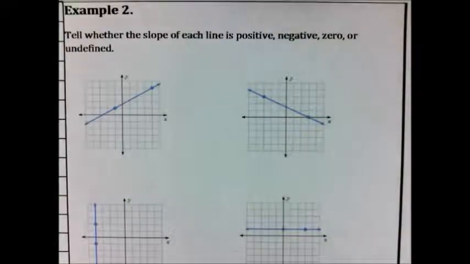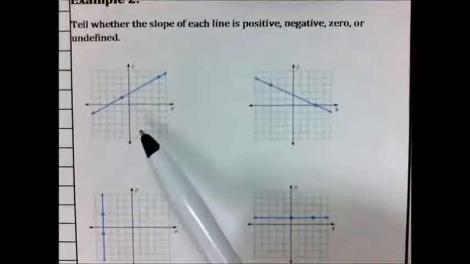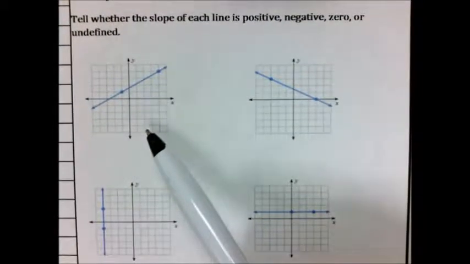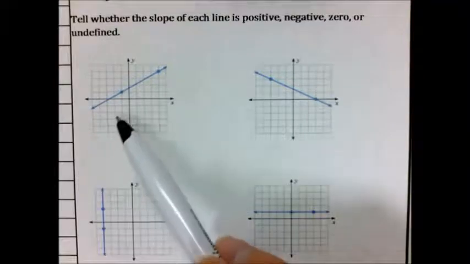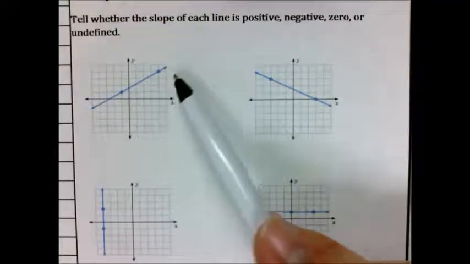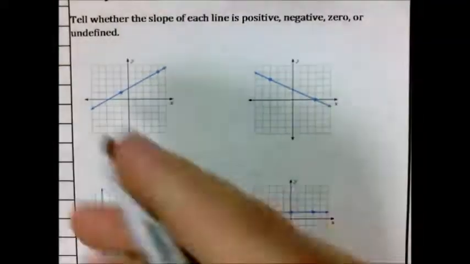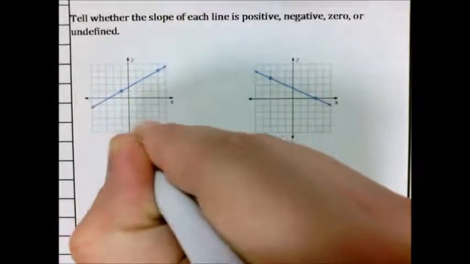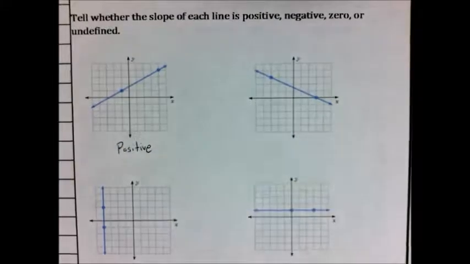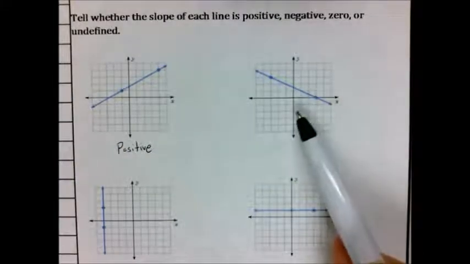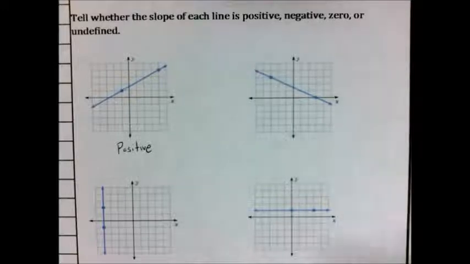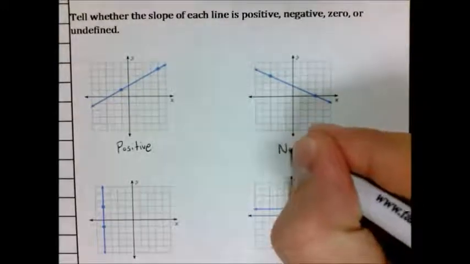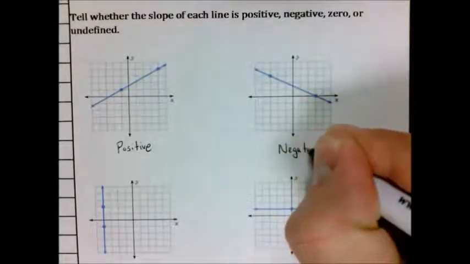So if we look at this first graph, we can see from left to right it is going up. That means this is a positive slope. Whereas this second graph, from left to right, we're going downhill, and so we consider that to be a negative slope.